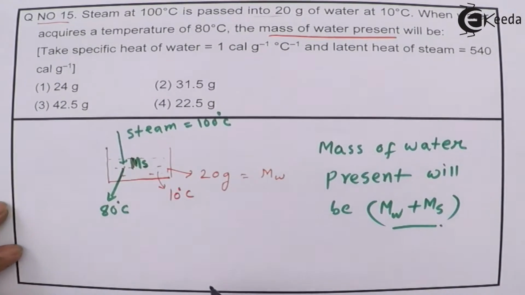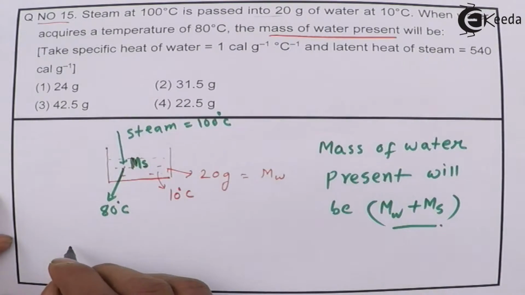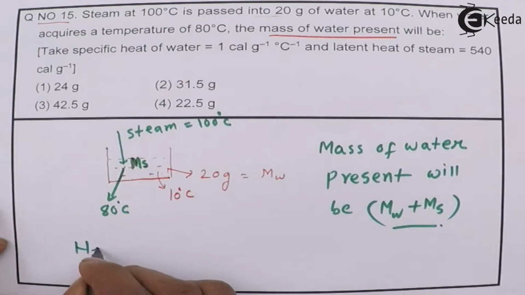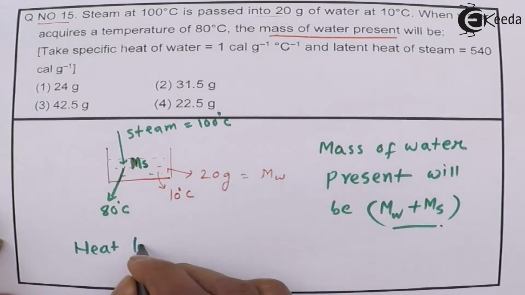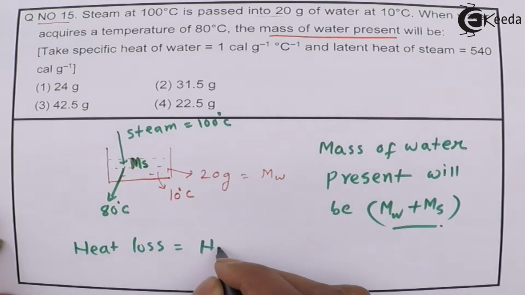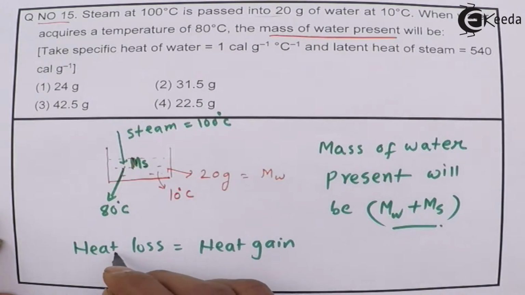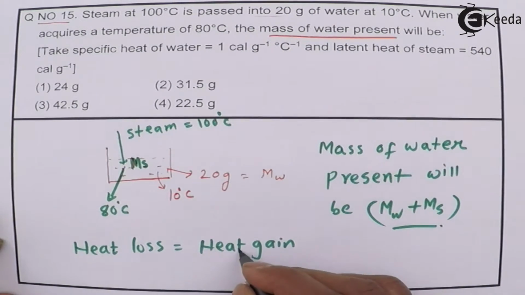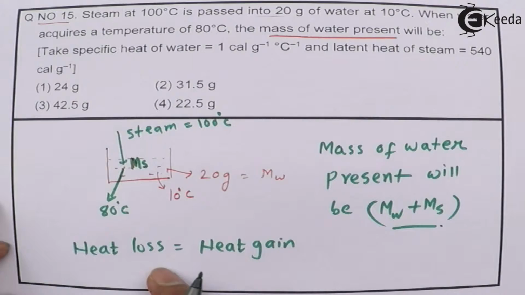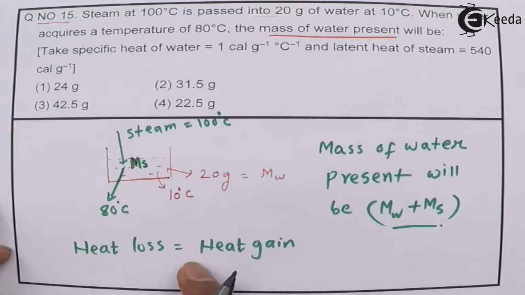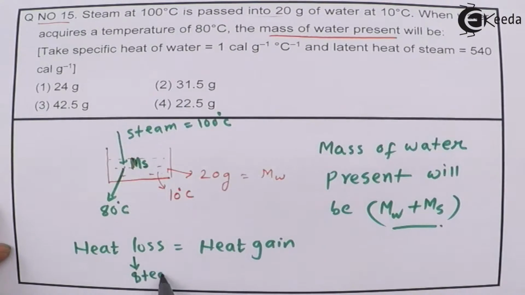Now the principle of calorimetry, heat loss is heat gain, is used. Who is losing heat? Steam. Who is gaining heat? Water.